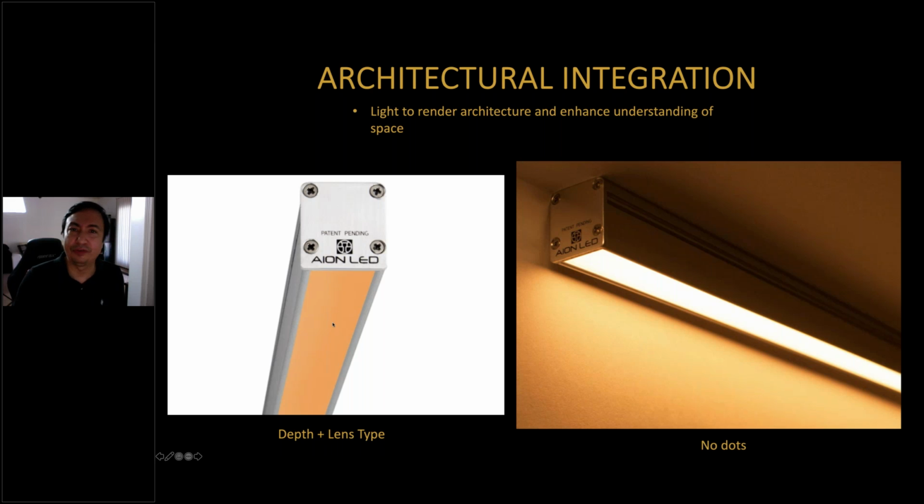The lens is also very important. You can have it clear, frosted, or semi-frosted. Again, it all depends on to what extent you need to minimize those little dots that you usually get when you work with LED strips. In this particular case, as you can see, the ideal situation is to have a smooth, consistent, uniform light all the way across, as we see in the picture on the right there, no dots.